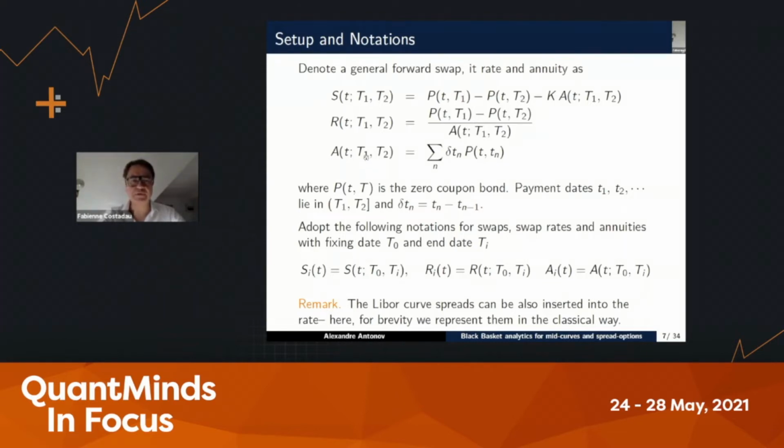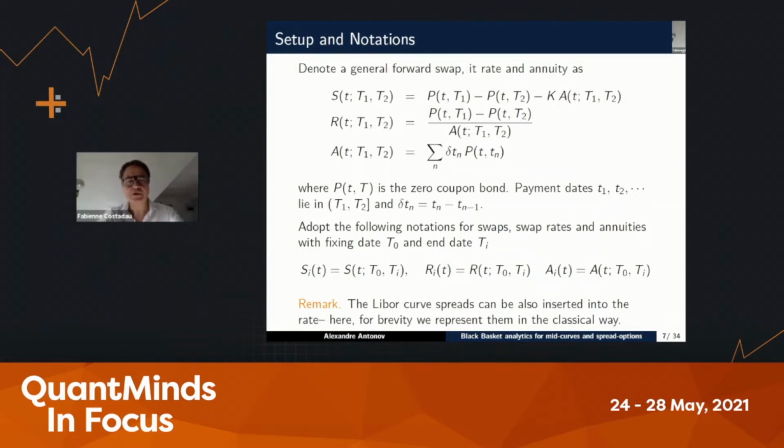The annuity will be just a linear combination of the zero bonds with the corresponding time differences, and the rate will be the difference of two zero bonds divided by the annuity. So very standard notations. We have some payment dates T1, T2, and so on, which lie between the start and the end, and delta T is the difference between them.